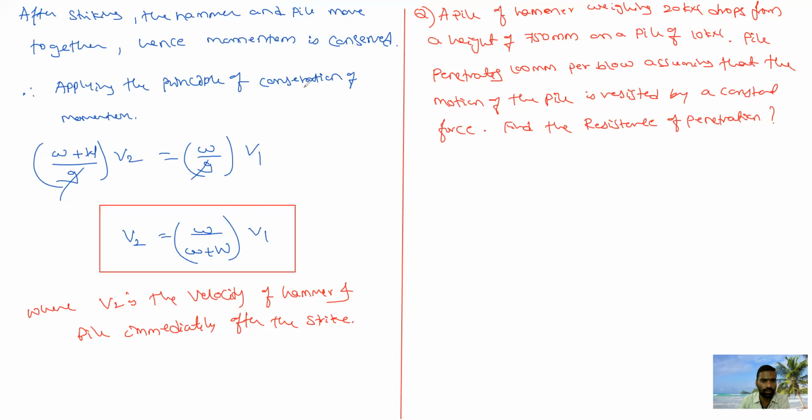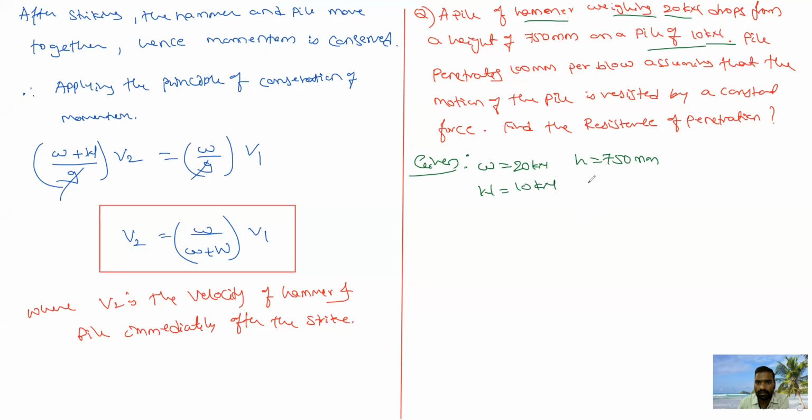What are the given data? You have to write. Given a pile hammer weighing 20 kilonewton. Hammer means small w, so w is equal to 20 kilonewton. Then from a height of 750, h is equal to 750 mm. A pile of 10 kilonewton, so capital W is 10 kilonewton. Always the hammer is greater than the pile.